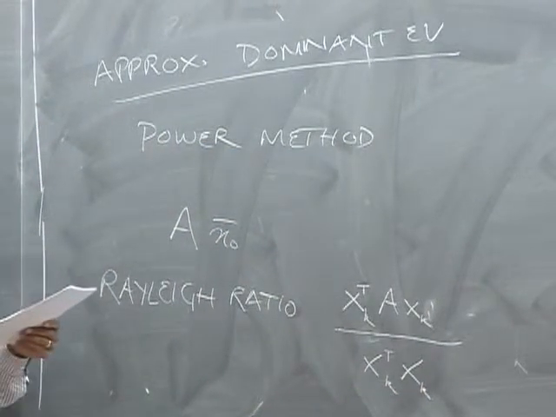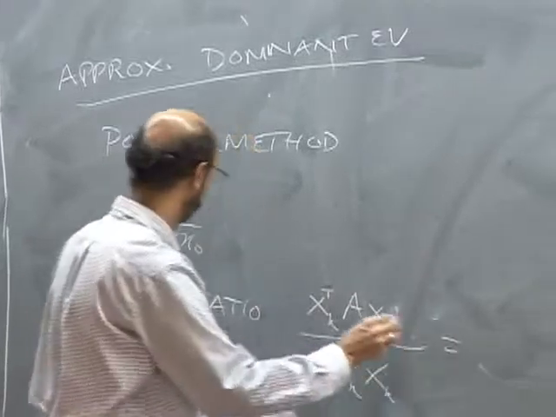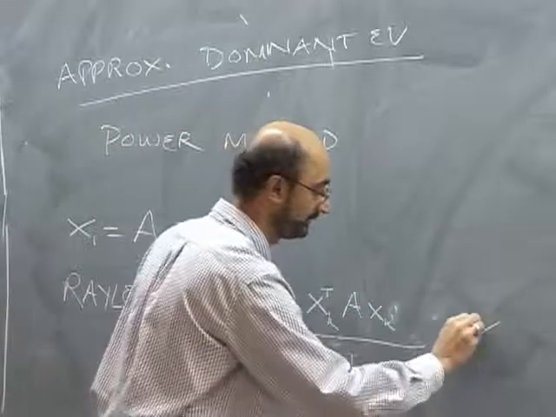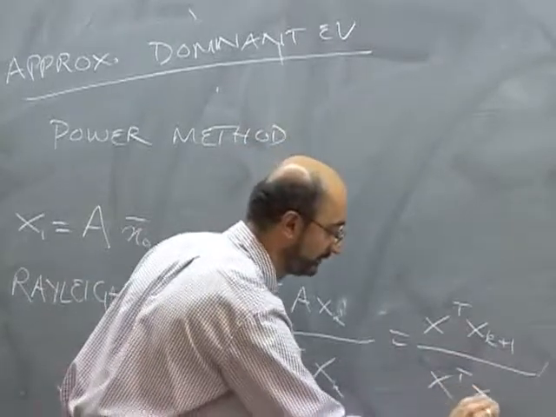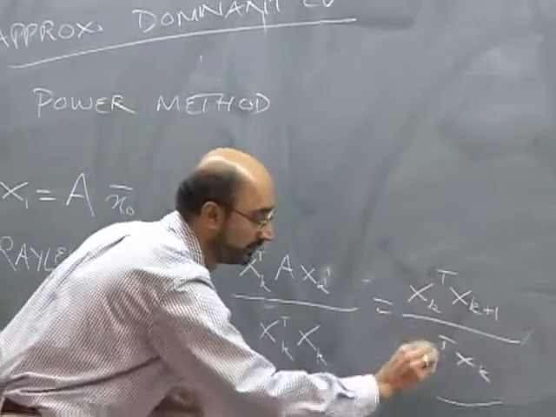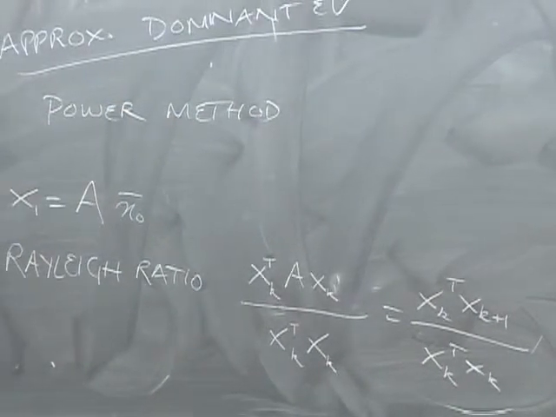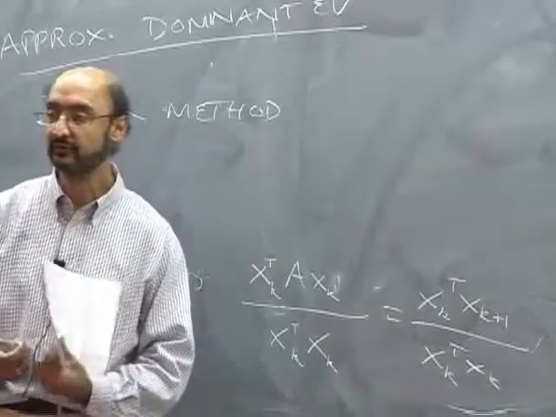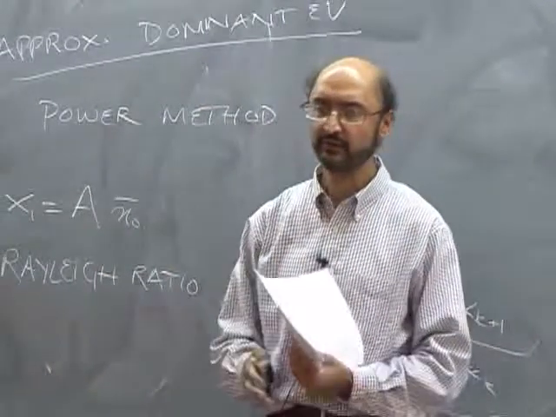If we say x1 equals Ax0, it's nothing more than xk^T xk+1 over xk^T xk, where T means transpose. This ratio is going to converge to the dominant eigenvalue. That's the trick. Why does it work this way? It really comes down to the fact that the transformation is taking some arbitrary initial vector and scaling it up.